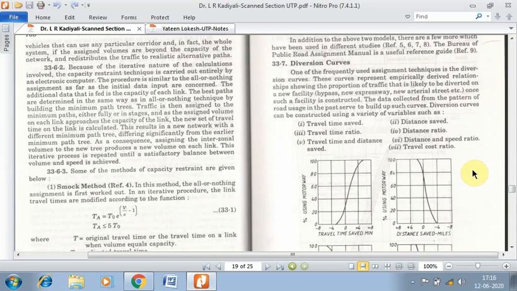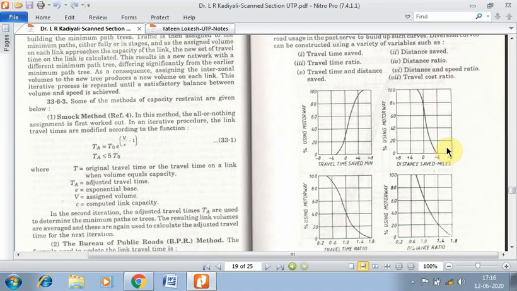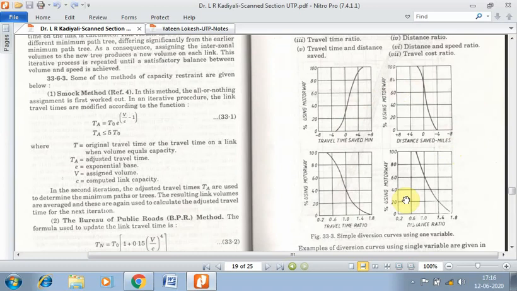Normally, the diversion curves can be constructed using different variables like travel time saved, distance saved, travel time ratio, distance ratio, travel time and distance saved, distance and speed ratio, and travel cost ratio, etc. So these are some of the curves that can be helpful.